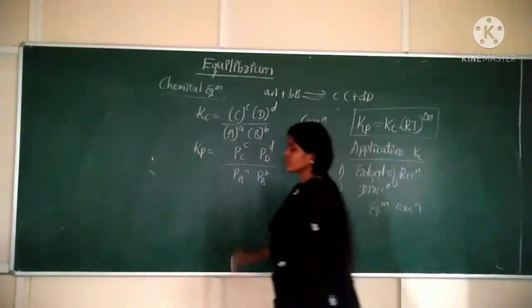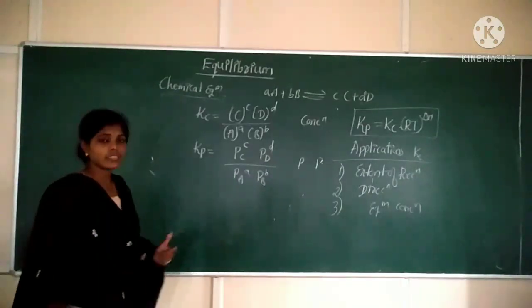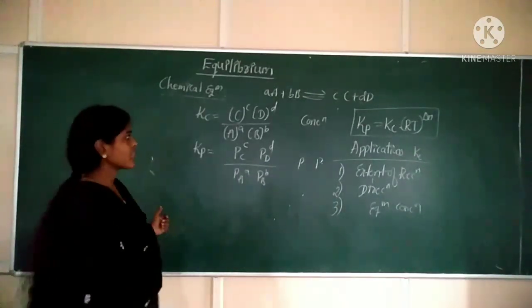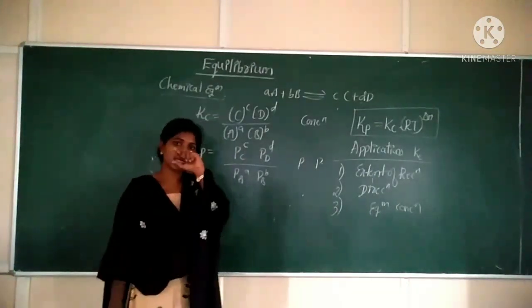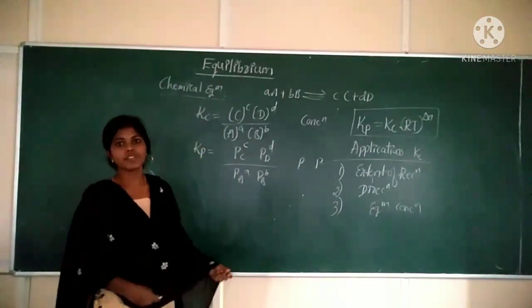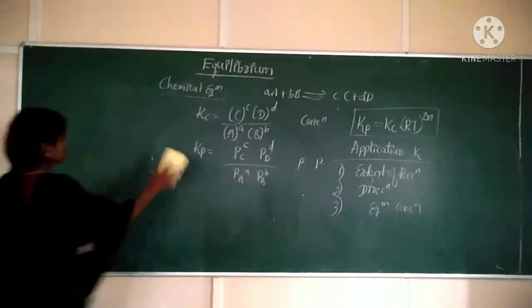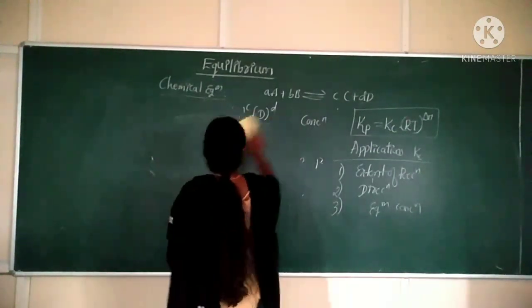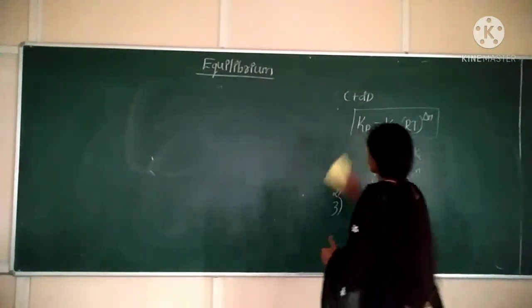So these are the concepts which we have discussed in the last classes. Correct? Now in this class, we are going to discuss types of chemical equilibrium. What are the types of chemical equilibrium? First one is homogeneous equilibrium.